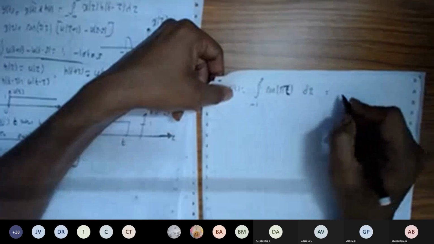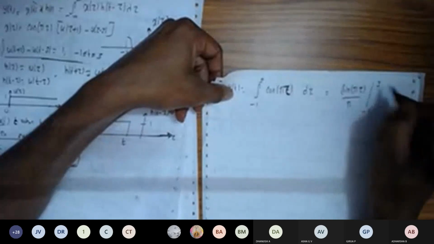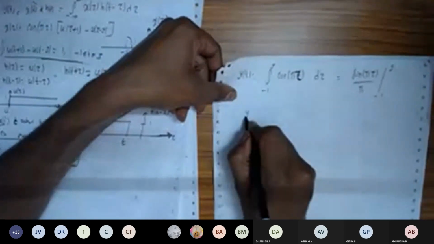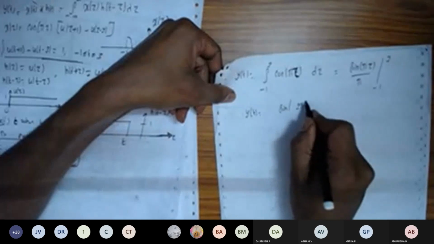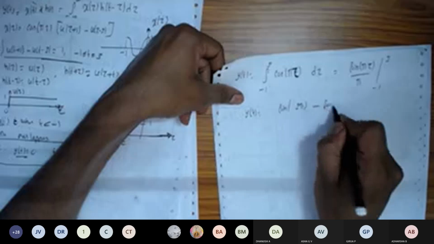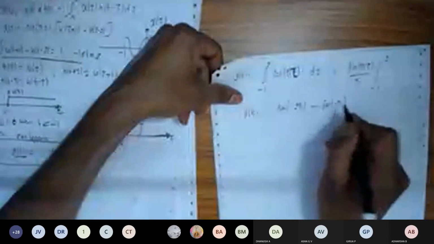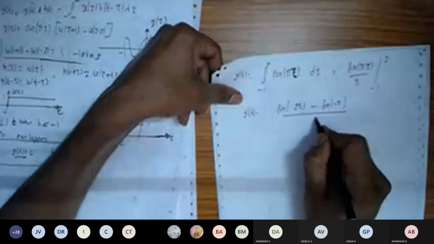The integration of cos is sin pi tau divided by pi. The limit is from -1 to 3. Substitute the limit here. So y of t is equal to sin 3 pi minus sin of minus pi, where tau is equal to -1, divided by pi.